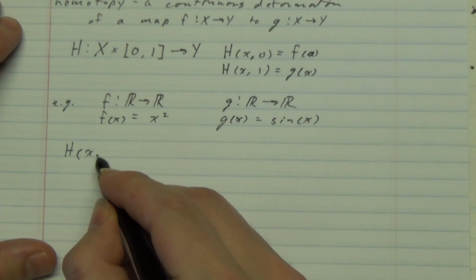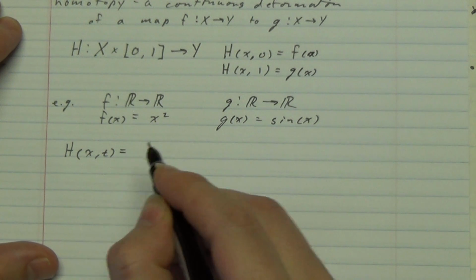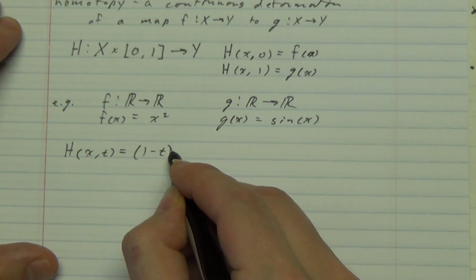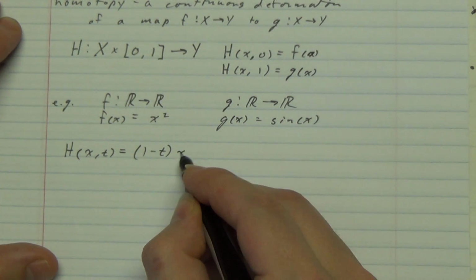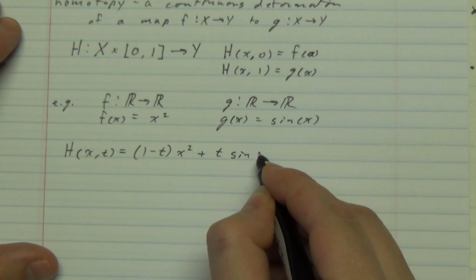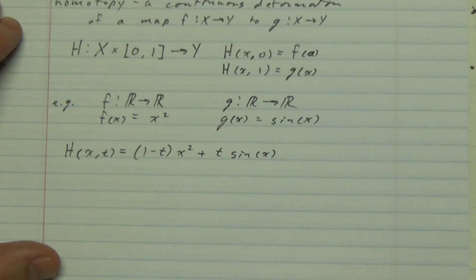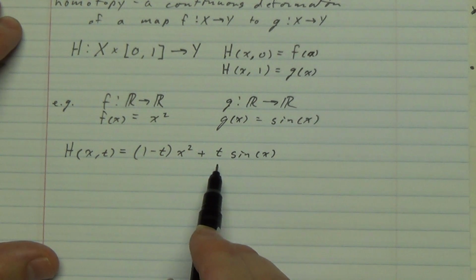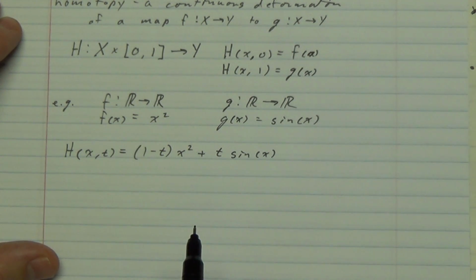You can write this out explicitly. All right. We can see that when t is 0, h matches up with f.